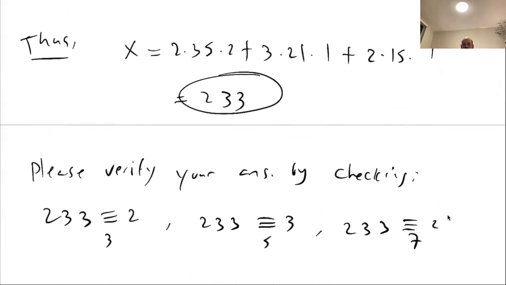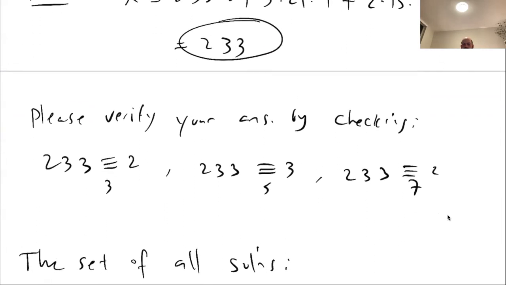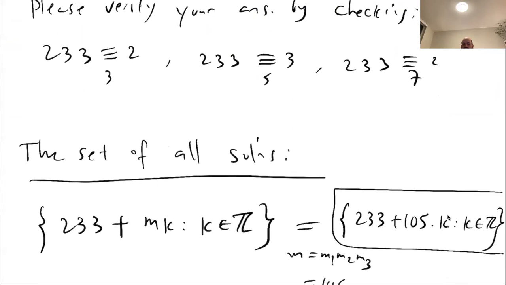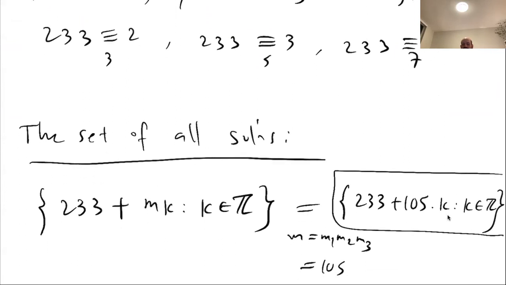We found the solution to be 233, we verified that it satisfies all three congruences at the same time, and the set of all solutions is one solution plus an arbitrary multiple of m. Okay, guys, so this is about the Chinese remainder theorem.